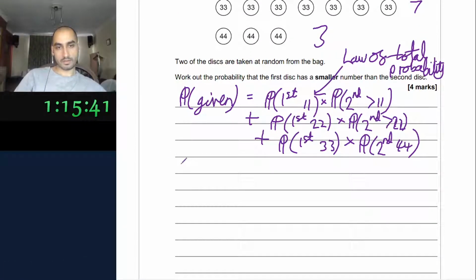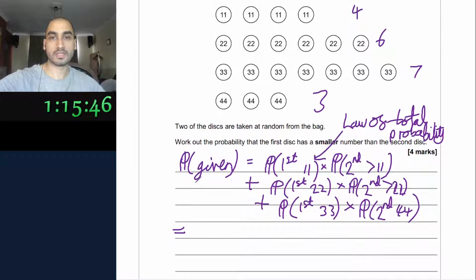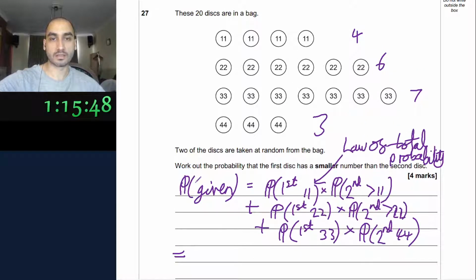Alright. Equals, so first being 1 is, so it's out of 20, okay.